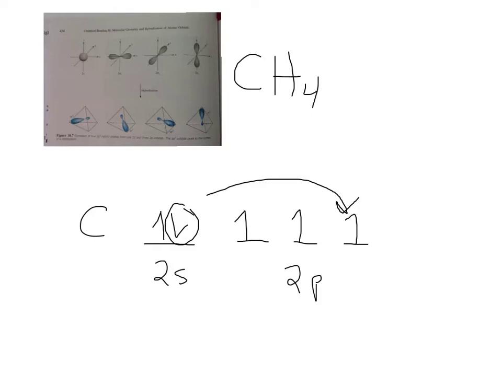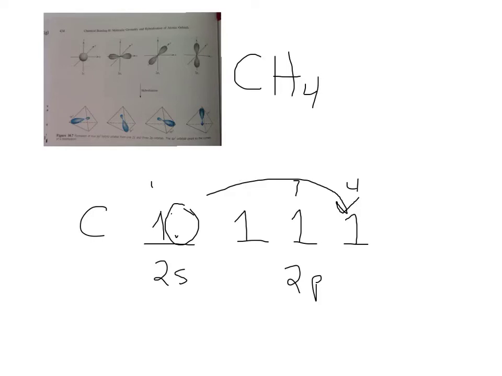What we now have is 4 orbitals with 1, 2, 3, 4 unpaired electrons, and now the hydrogen atoms can come in.